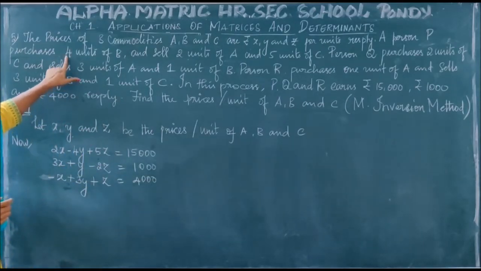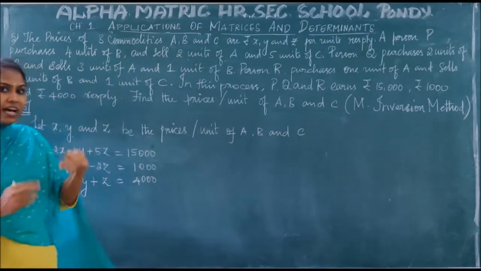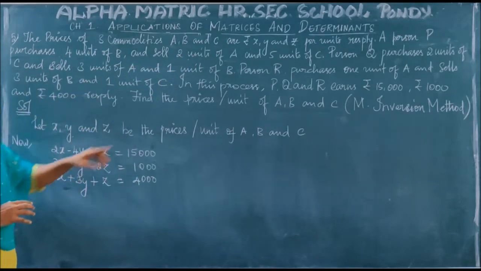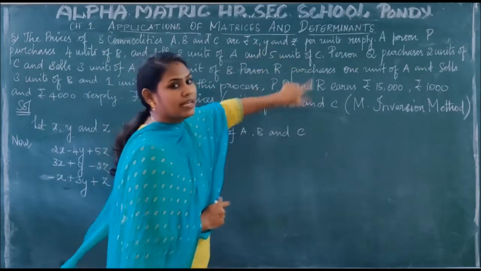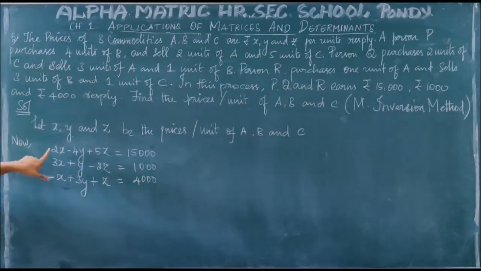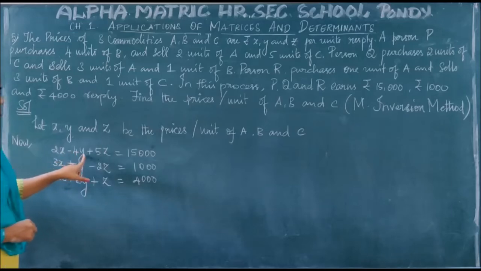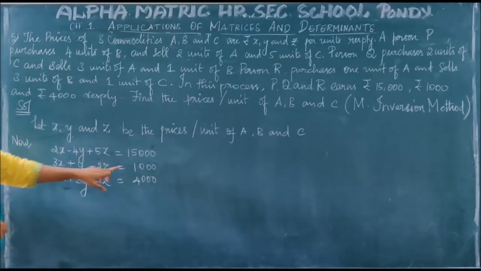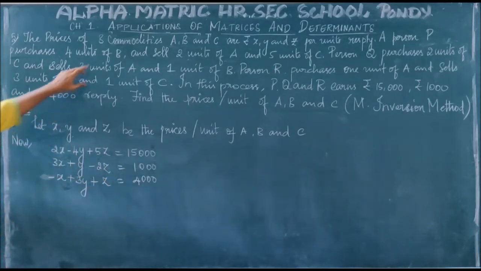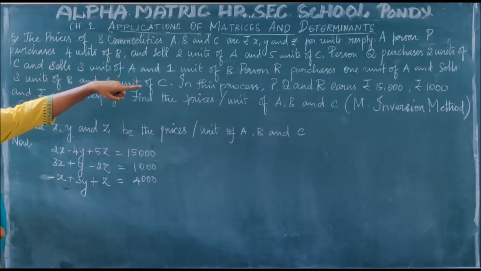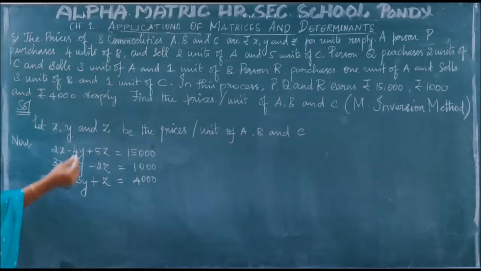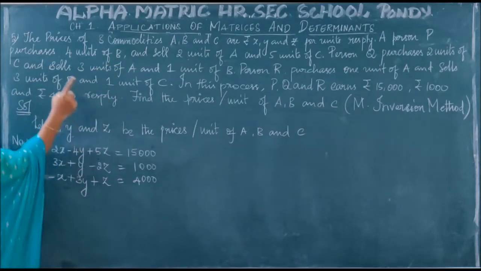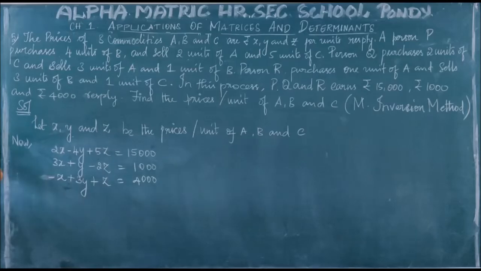So here we are going to calculate the prices, and they have mentioned the prices as x, y and z. How does this equation come here? See the question. They have purchased 4 units of B. What is the cost price of B? y.